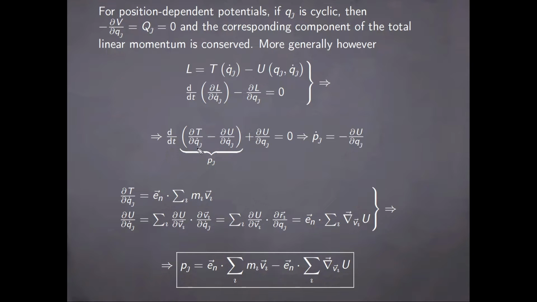So the first term contains both the derivatives of T and U with respect to the generalized velocity, and this is just the canonical momentum in this more general case. And as such, what the equation says is that its derivative with respect to time, the derivative of the canonical momentum, is equal to minus the partial derivative of U with respect to qj.